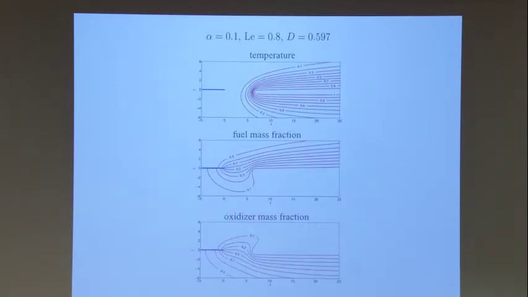Okay, and this is just to show you the temperature isotherms, and the mass fractions of the fuel and of the oxidizer. Note, by the way, that the mass fractions of the fuel and oxidizer go past the plate, because we are solving an elliptic problem. We are solving the full problem. We didn't assume only diffusion.